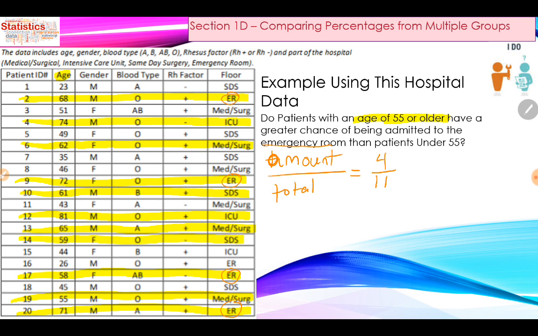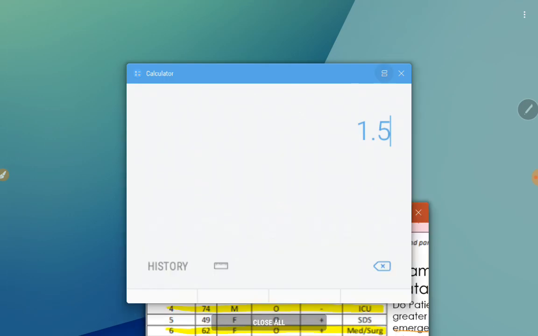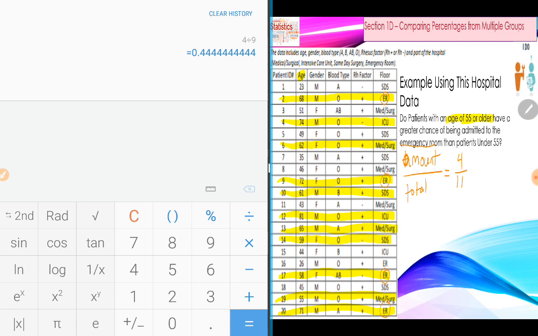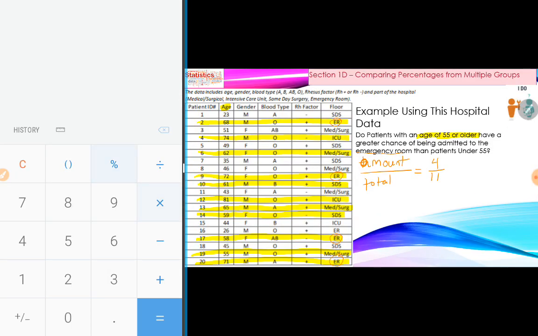So that means we can make an estimation about this hospital that patients who are 55 and older have a 4 11ths probability of being admitted to the ER. Now to work with that number, I need to make that a decimal proportion. So I'll do 4 divided by 11 to convert that fraction to a decimal proportion.